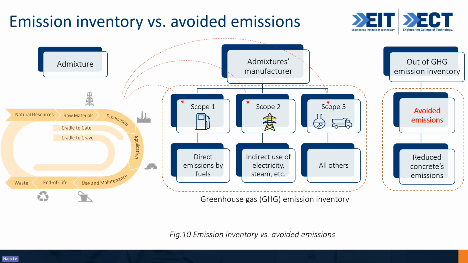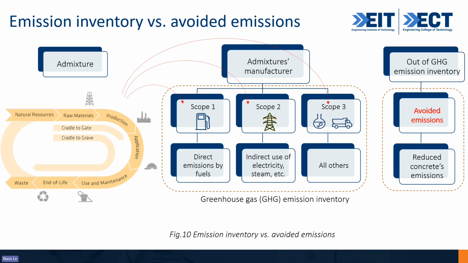For admixtures manufacturing, typically scope 3 will be the biggest one. It means we have all the things from other parties, and what we can control is scope 1 and scope 2. What we can control directly is scope 1 and scope 2, like we use less fuels, we use less energy, right? But scope 3 is not really directly in your hand, right?